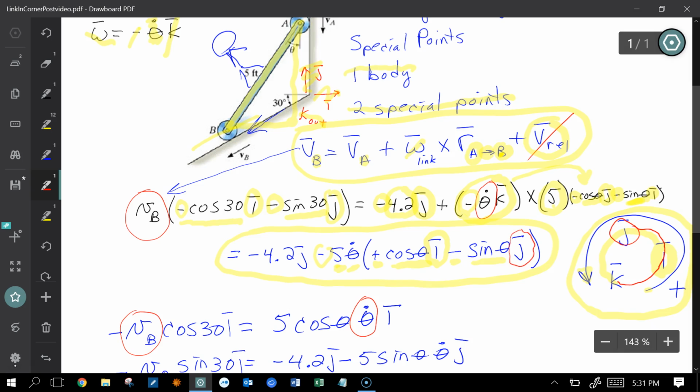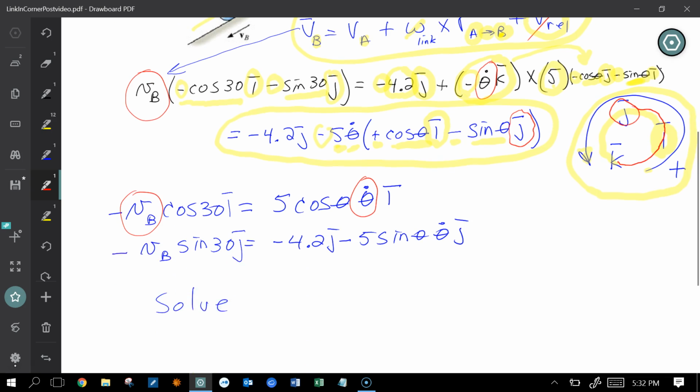Was I going in the positive direction or the negative direction? I was going in the positive direction. So K cross I is a positive J. So that doesn't change this negative sign, right? The negative came from copying from above. So that one remains that way.